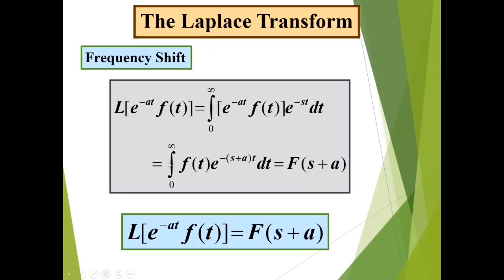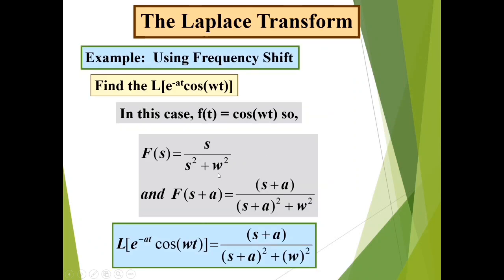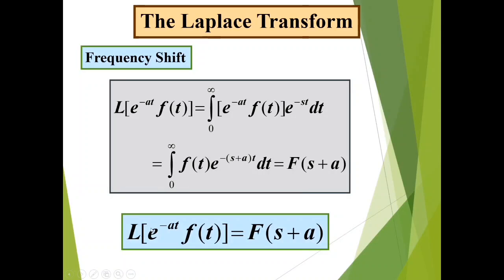Here e power minus at and e power minus st can be combined, and we get e power minus s plus a into t dt, which is the same as F of s plus a. So this is also a formula which we have to remember always: L of e power minus at into f of t equals F of s plus a.